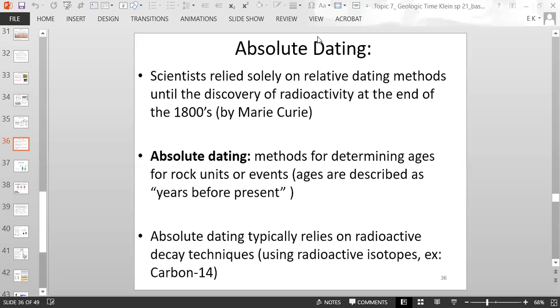So scientists relied solely on relative dating methods until the discovery of radioactivity at the end of the 1800s. A scientist named Marie Curie worked on the discovery of radioactivity.